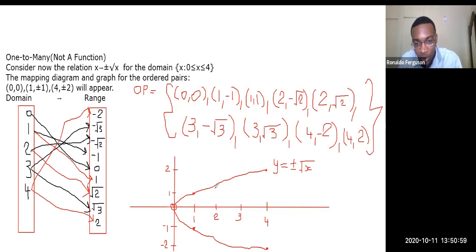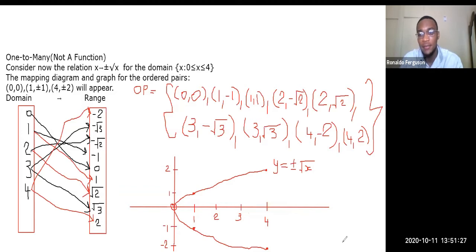When x is 2, the corresponding y value is root 2, which is 1.41, or -1.41. When x is 1, y is 1 or y is -1. And so that's the graph of y equal to plus or minus the square root of x. And so a one-to-many relation is not a function.